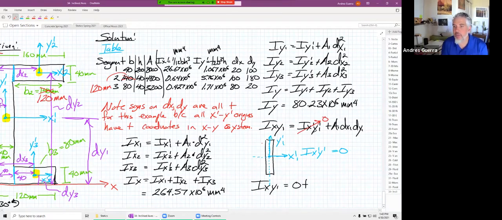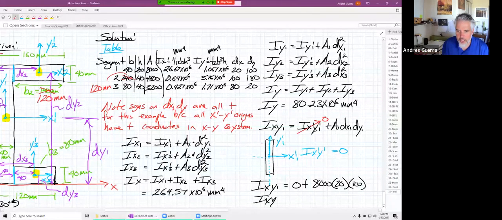0 plus, now the whole thing, IXY1 is not 0 though, because we have 0 plus the area for segment 1, which is 8,000, times dx1, which is 20, times dy, which is 100. And so we actually find that IXY1 is equal to 16 times 10 to the 6th millimeters to the 4th.